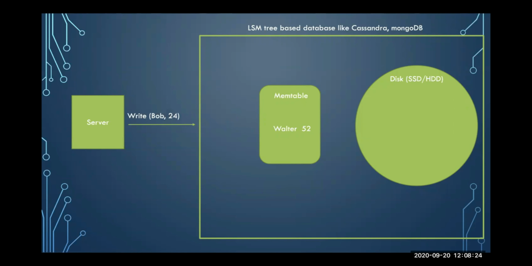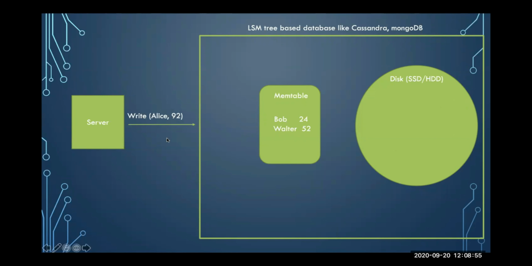Now say a write again came for another key, Bob, and its value is 24. It's sent to the mem table again, and it's stored there. If you observe, it is stored in a sorted fashion in the mem table itself, so that when we flush the mem table, it is flushed as sorted string tables, which are SS tables, to the disk.